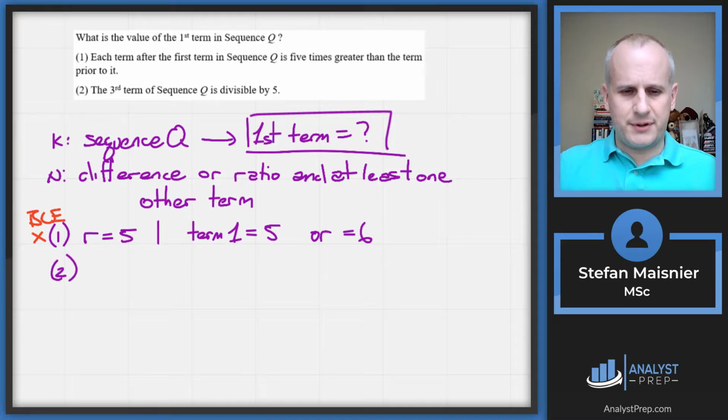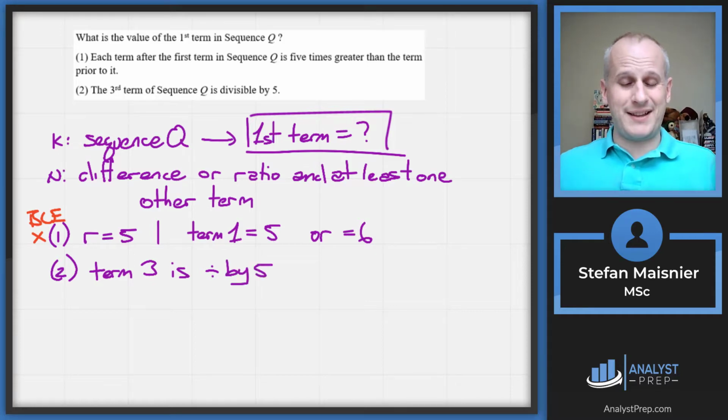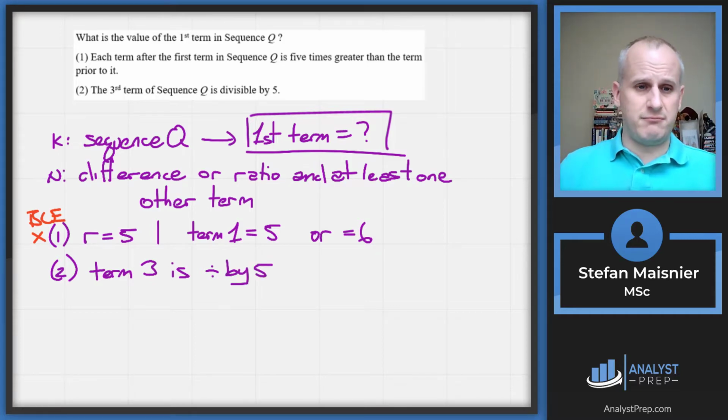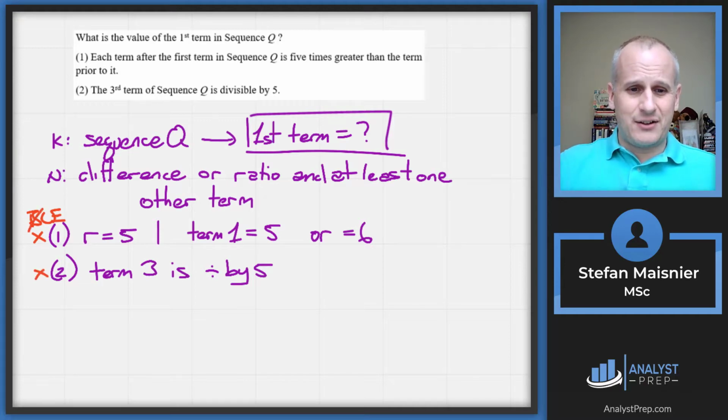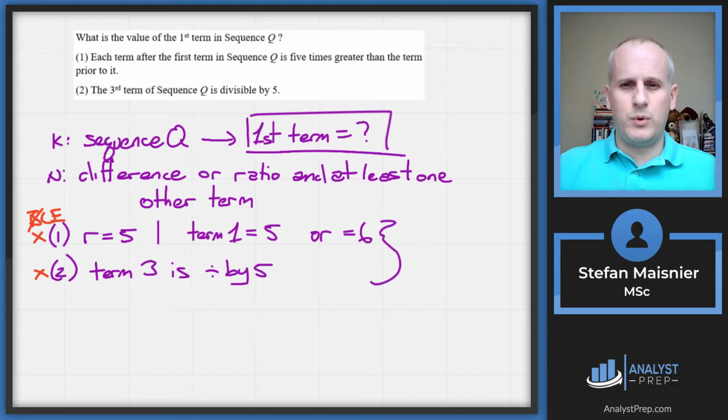Then condition 2 says that the third term of sequence Q, so term 3, is divisible by 5. So by itself, that just tells me that it's a multiple of 5. It doesn't actually say that that is our ratio. It just says that it's divisible by 5. So by itself, that also is not going to be sufficient. Now, when we combine the terms, well, we know that our ratio is 5, and we know that term 3 is divisible by 5.